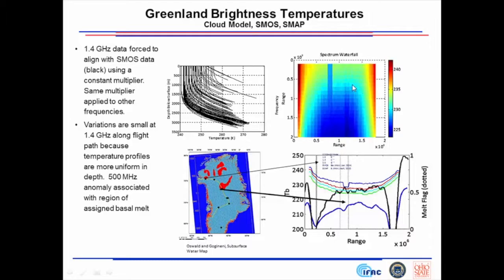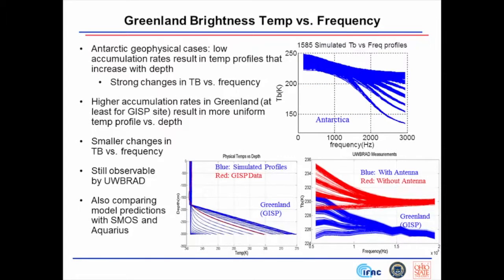The edges here are at the less cold parts of the ice sheet, and again we can see what these signatures look like to try and assess how well we think we're going to retrieve the science goals that we have. We also intercompare with SMOS data and SMAP data to try and assess how well our modeling is working. So here's another example of doing that.